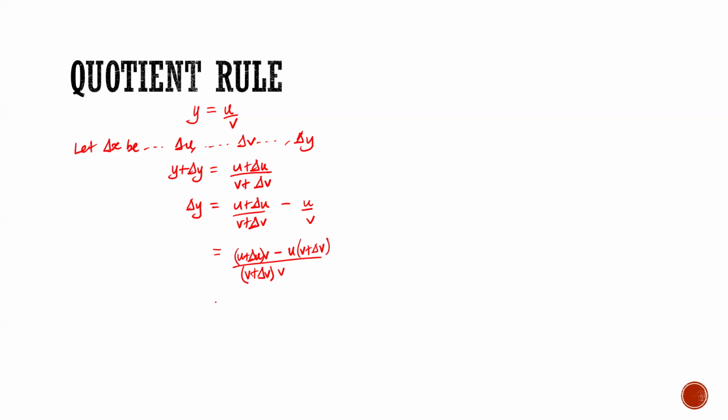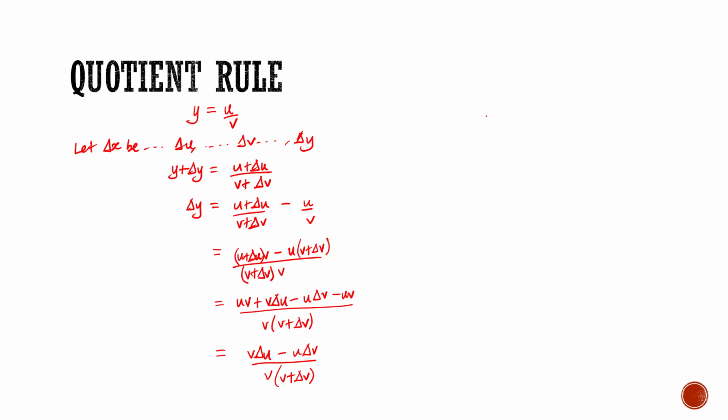Then in the numerator, this is uv plus v delta u minus u delta v minus uv out of v times v plus delta v. And this is equal to v delta u minus u delta v out of v times v plus delta v.